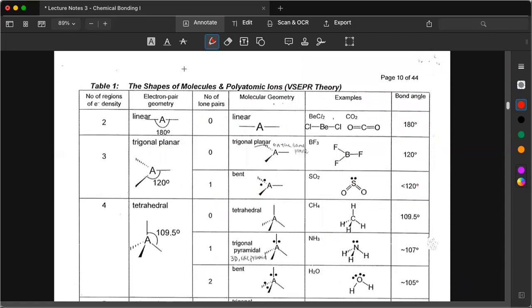These are examples of the various shapes of molecules and polyatomic ions. If we have 2 regions of electron density like this, it is linear, and these are the examples. The bond angle is 180 degrees. In this case, there will be no lone pairs; all the electrons are involved in bonding.